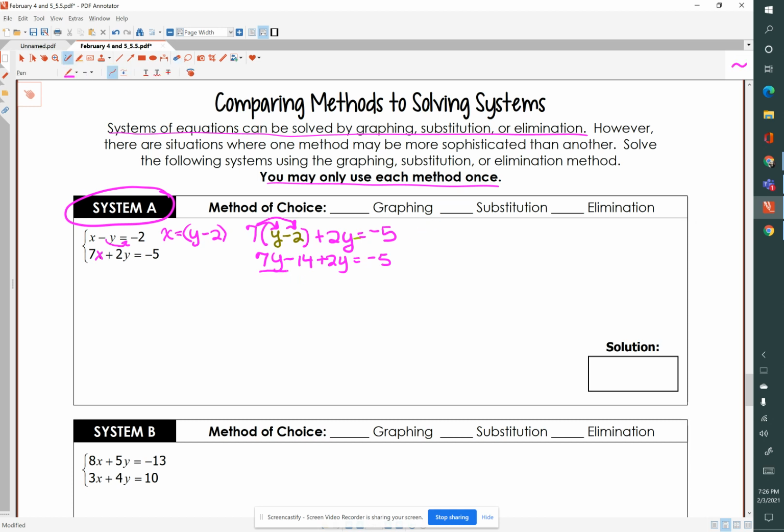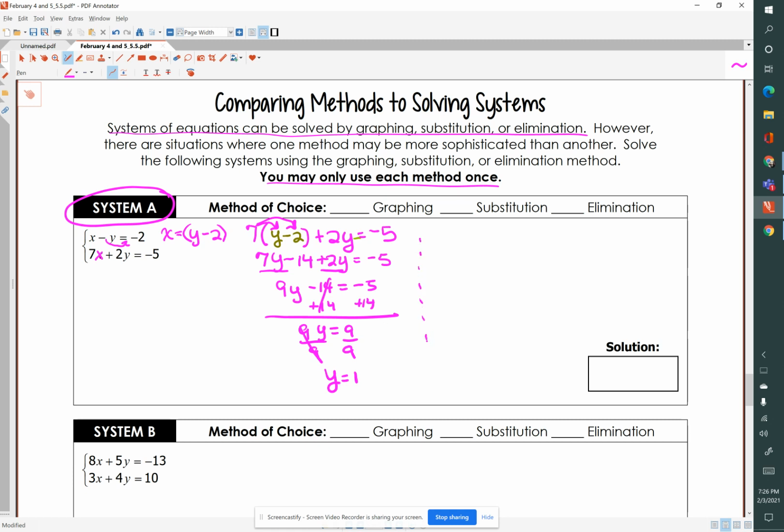Now I can combine 7y plus 2y, so I have 9y minus 14 equals -5. Then I'll add 14 to each side, which gives me 9y equals 9, and then y equals 1.